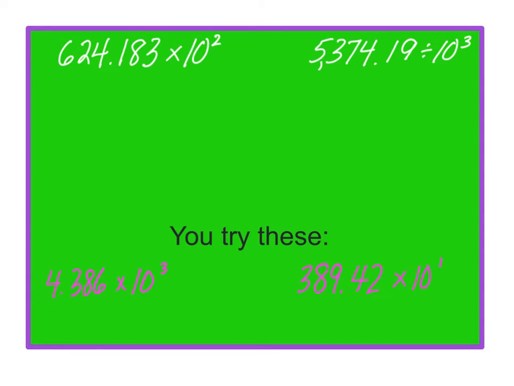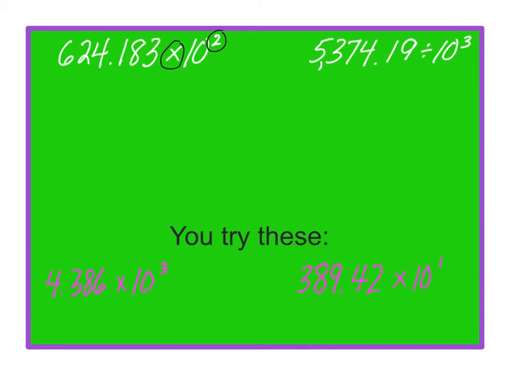Alright, I have one of each that we'll try together, and then I have 2 for you to try. So we have this number here. We have 624 and 183/1,000ths times 10 to the second power. Now there's 2 keys that we're looking for here, and that is it's times, so I know that I'm moving to the right, and my exponent means how many hops to the right I am moving.